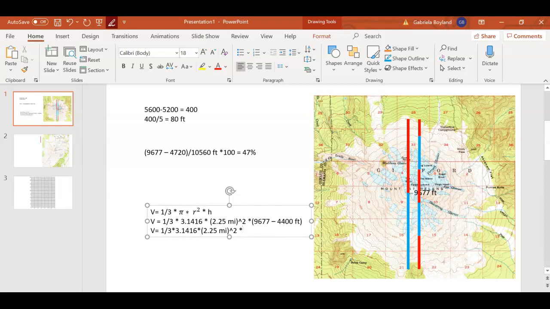So 52.77 divided by 52.80, so that's convenient, pretty close to 1. We have 0.99943, just to be a little bit more exact. And this is in miles. All right, so now we have all our values. So we just simply have to go ahead and plug and check.